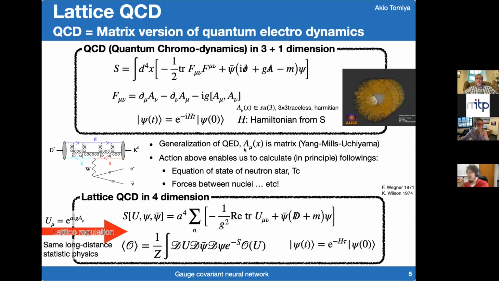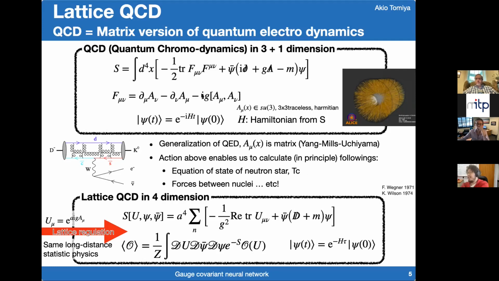This is nothing but a generalization of QED, and this action gives all of the information of our subatomic world around 100 MeV. This gives us information on the equation of state, the critical temperature for the quark-gluon plasma, the force between nuclei, etc.